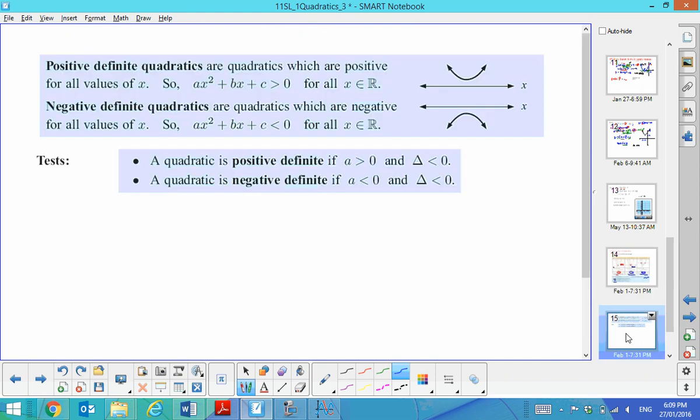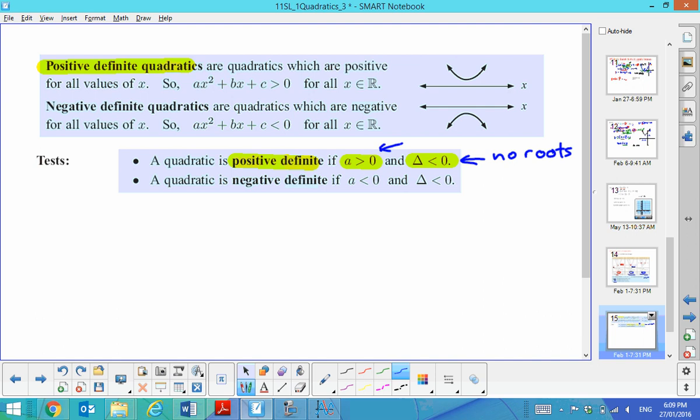The last bit here is just a different term that you probably haven't heard of. It's called positive definite. A positive definite quadratic is where A is greater than 0 and the discriminant is less than 0. So that means that, where we are back here, if our discriminant is less than 0, that tells us no roots.